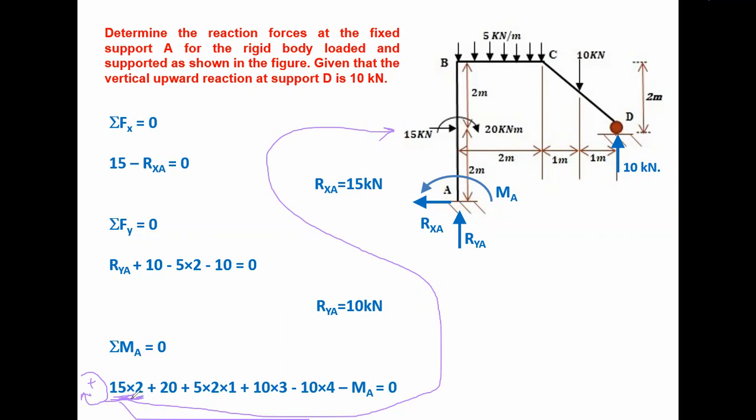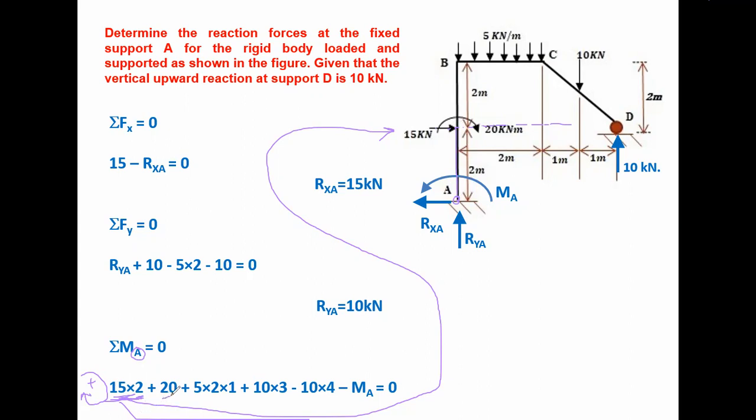So what do we mean by perpendicular distance? Perpendicular distance means if you are taking moment about A, then draw a perpendicular from point A on this force 15 kilonewton. So if you draw a perpendicular and extend its line of action, so this is the line of action of this 15 kilonewton force. So if you draw a perpendicular from this point on this force, then you will get this distance as 2 meters. That's why we are getting 15 into 2, the first term.